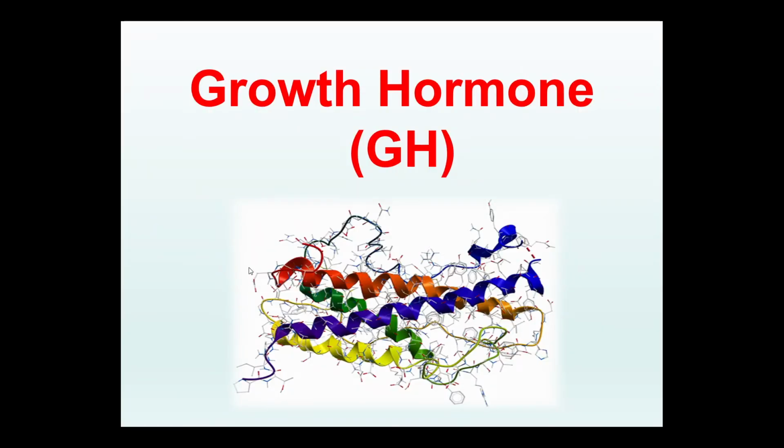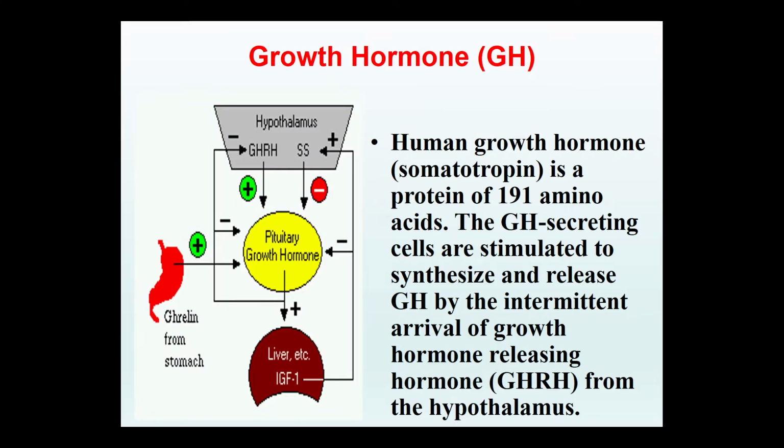Growth hormone. Growth hormone is also called somatotropin. It consists of 191 amino acids. And it is synthesized and secreted by cells called somatotrophs in the anterior pituitary.